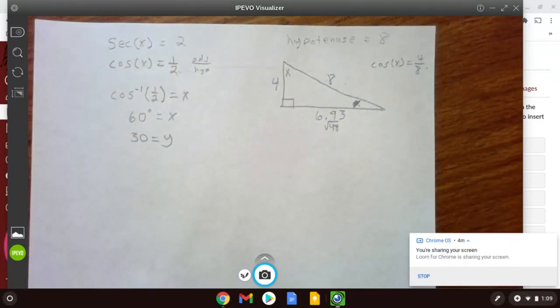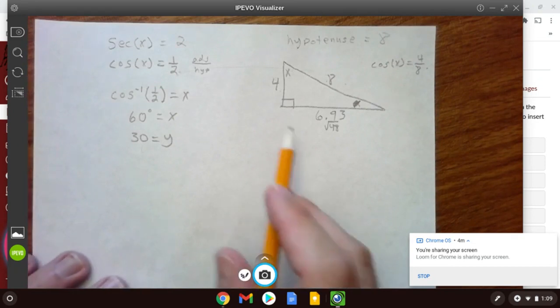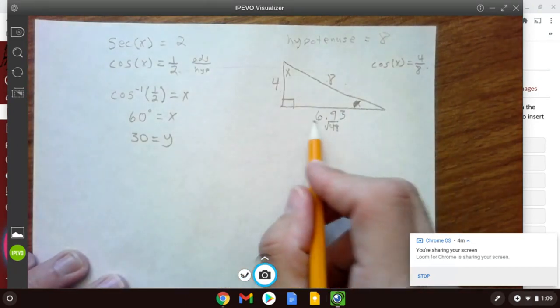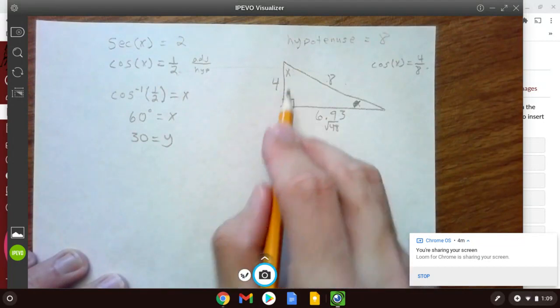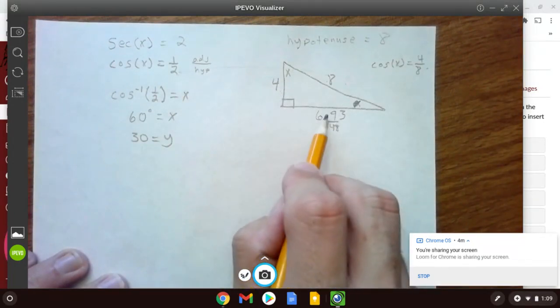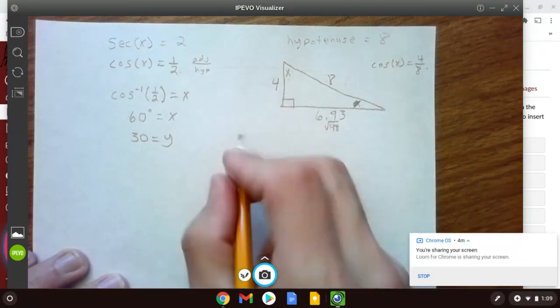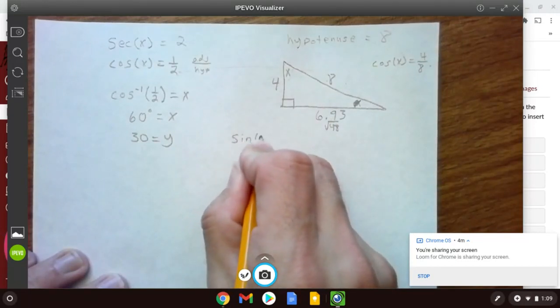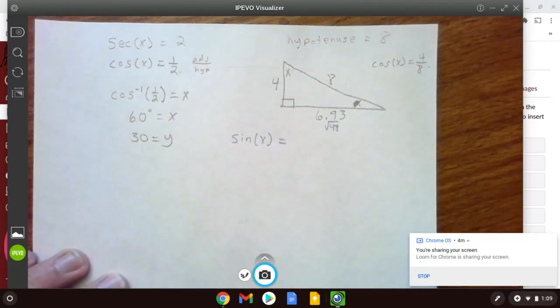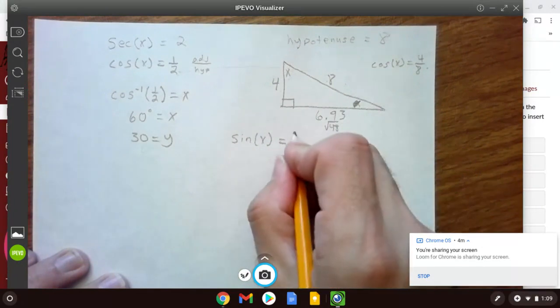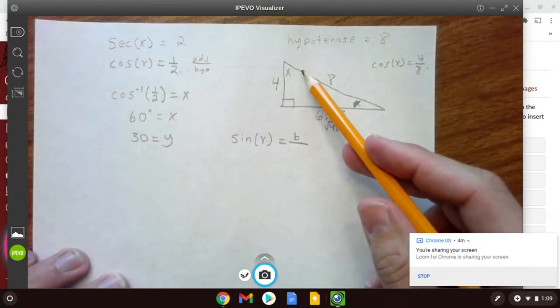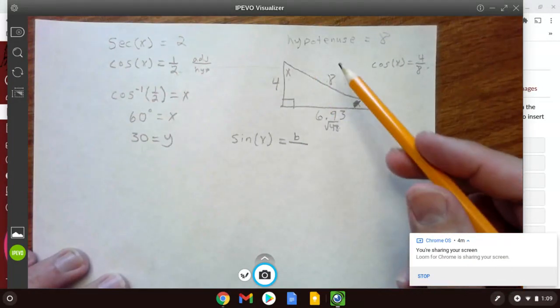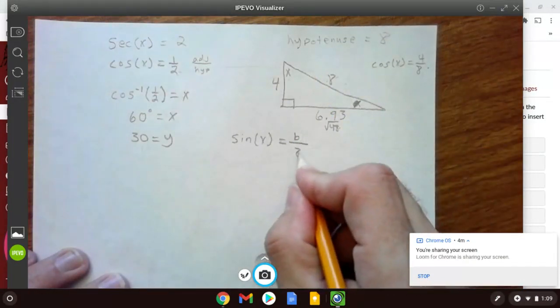That's fine. I'm going to do real quick, just use a little trig equation. So let's say we didn't know what this was. I could use sine of x. Yeah, I'll do sine here. Sine of x would be my missing side, we'll call it side B, over the hypotenuse.